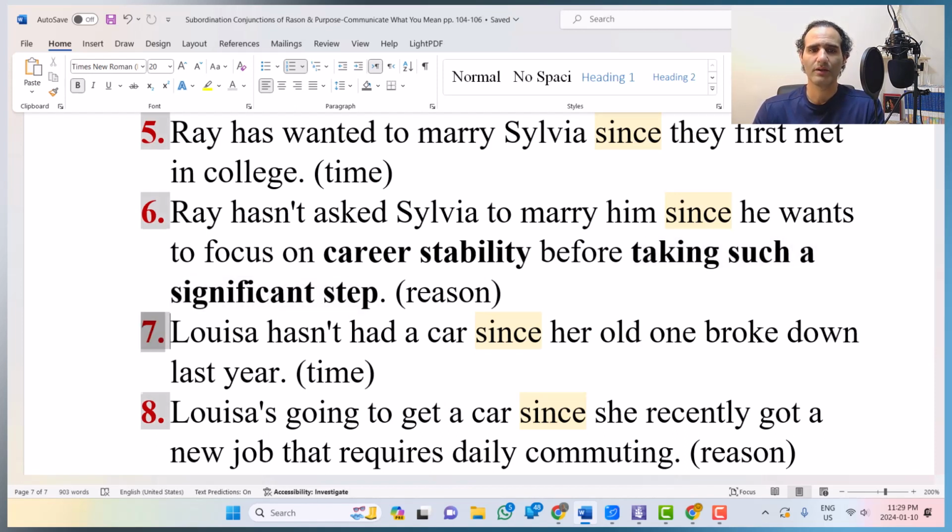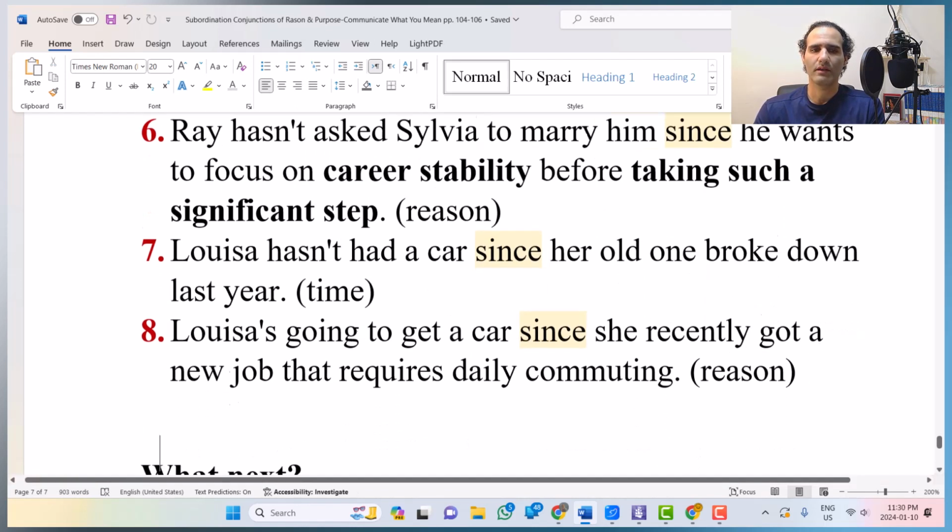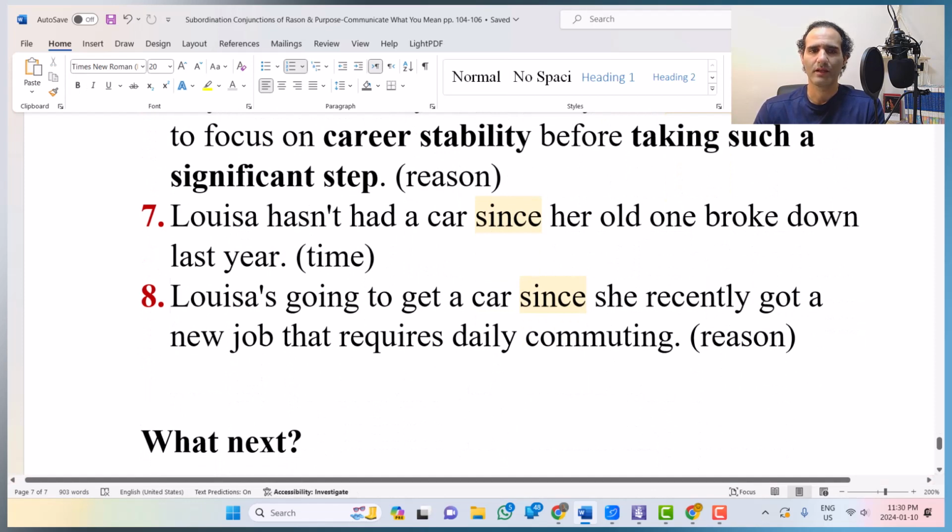Beautiful. Luisa hasn't had a car since, time. Since her old one broke down last year. Her old car broke down. So when your car doesn't move, doesn't work anymore, the verb for that is break down. And Luisa, reason. Luisa's gonna get a car.